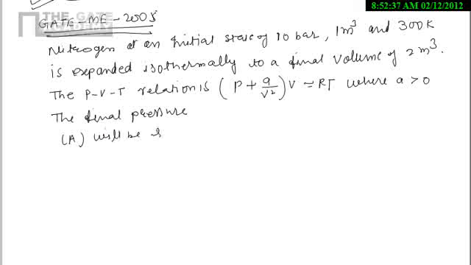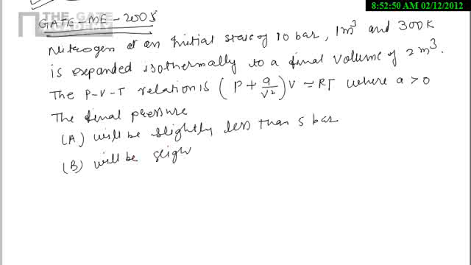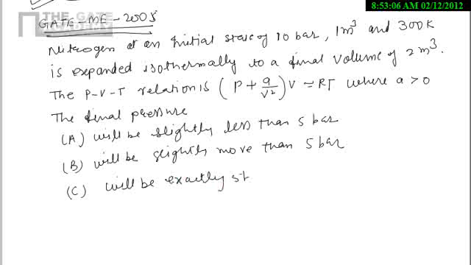Option B will be slightly more than 5 bar. Option C will be exactly 5 bar. And the fourth option, that is D option, cannot be ascertained in the absence of the value of A.